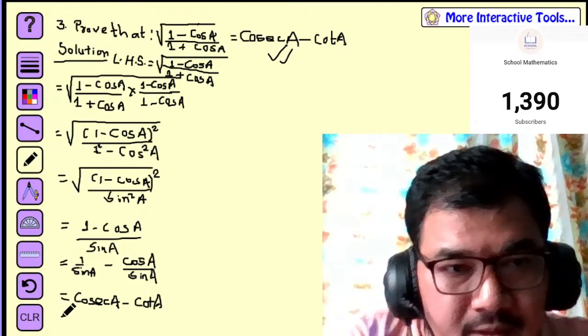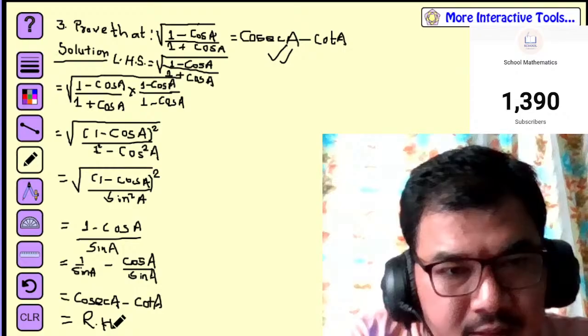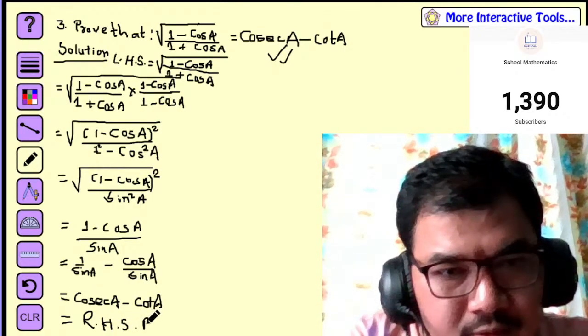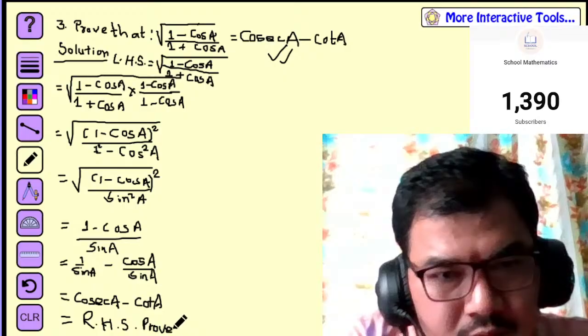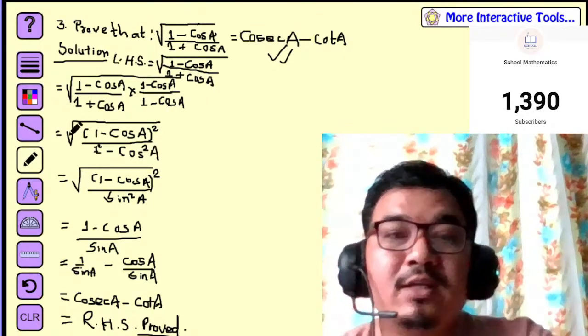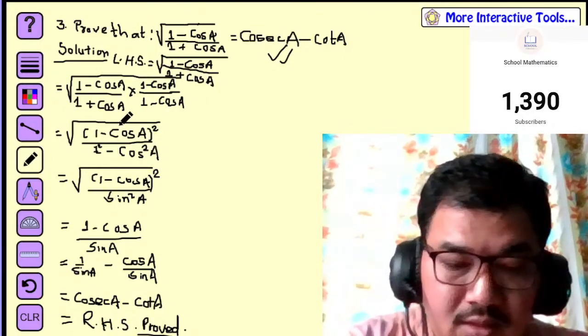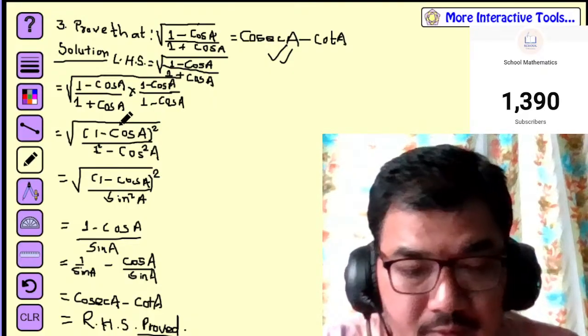That means we solved the left hand side and we got the value of the right hand side, RHS. Then our question is proved. We solved the left hand side and we got the right hand side. Our solution is proved here. I hope you understood it.